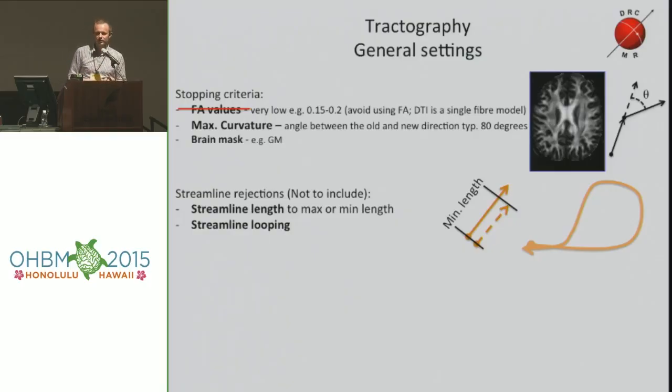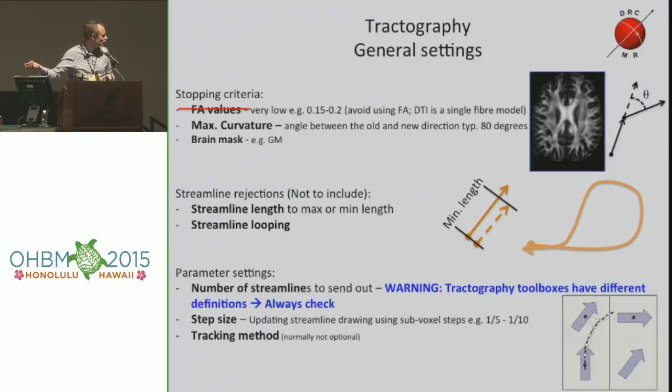If they're shorter than that, then exclude them from our tract. We can also have streamline looping, like this example where the streamline loops around. It does fulfill the curvature constraint, but it makes a very implausible anatomical projection, looping back. When you inspect your streamlines, you can actually see this happen sometimes, so it's really suggested that, if it's offered, you add this check in the tractography toolbox.